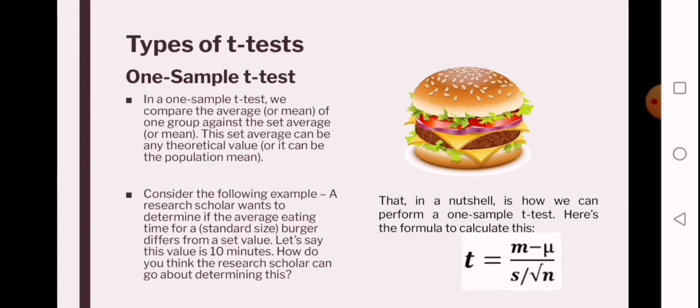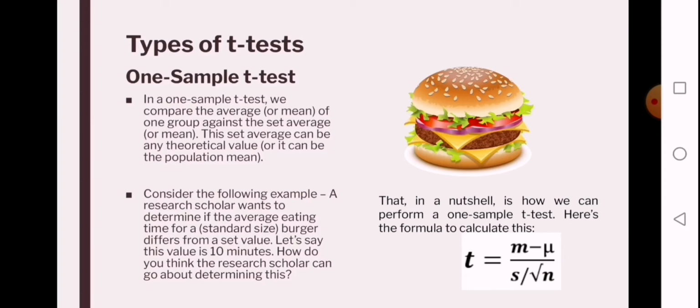In a one sample t-test, we compare the average or mean of one group against the set average or mean. This set average can be any theoretical value or it can be the population mean. Okay, so consider the following example.